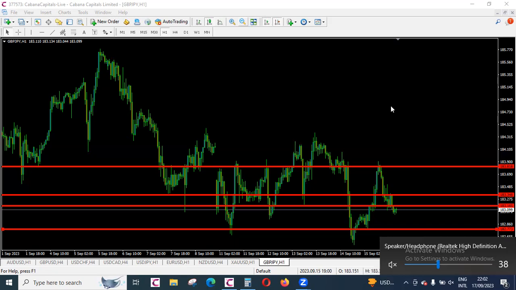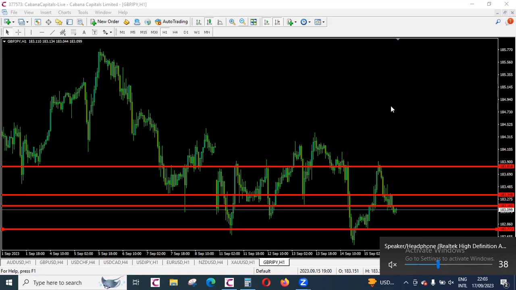Now, to get the pivot value of a candle, all you have to do is add up the high, low, close price of the candle, then you divide it by 3. Whatever value you get is your pivot value. If the market is trading below the pivot, it indicates a bearish sentiment.